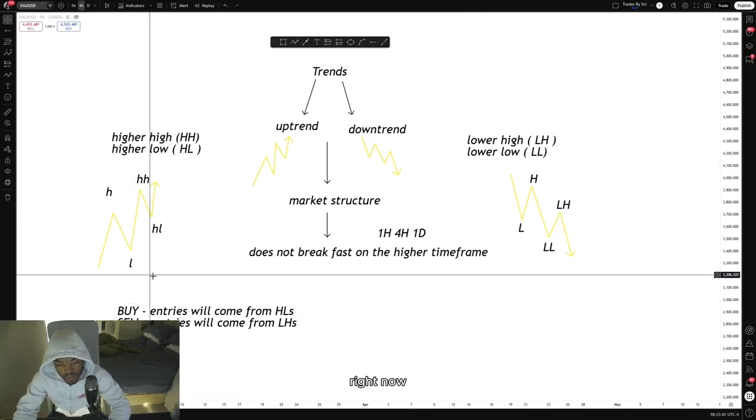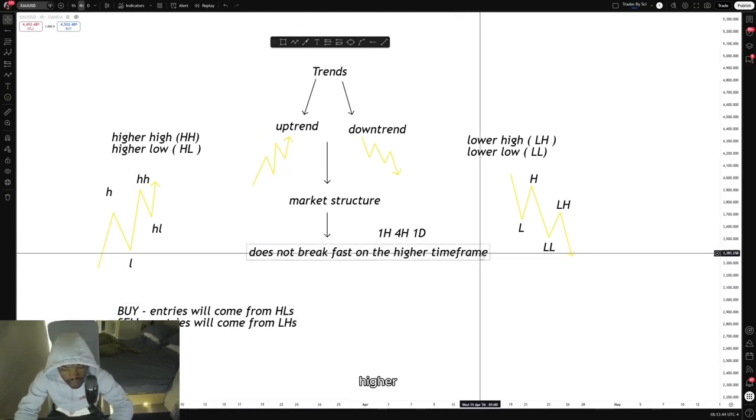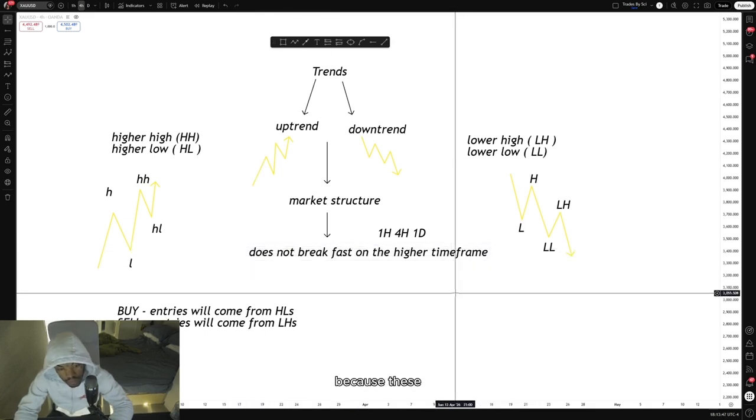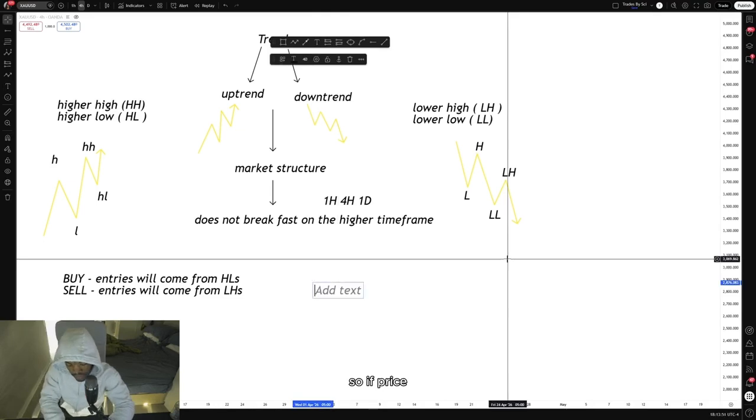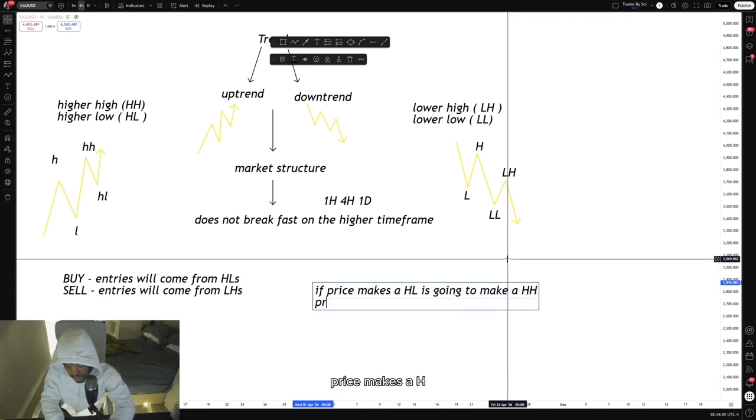All right. Now, this doesn't break higher on the higher time frame fast because these are the standards and this is basically the rule. So if price makes a HL, it's going to make a HH. Price makes a HH, it's going to make a HL.